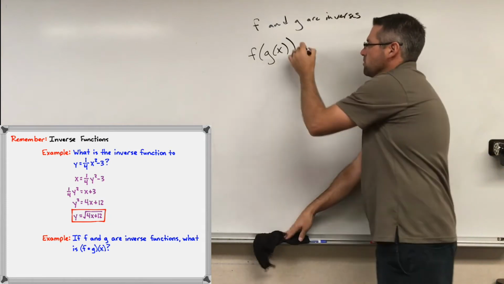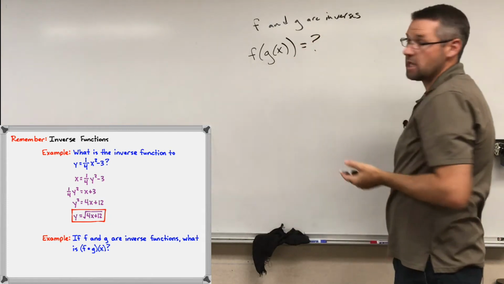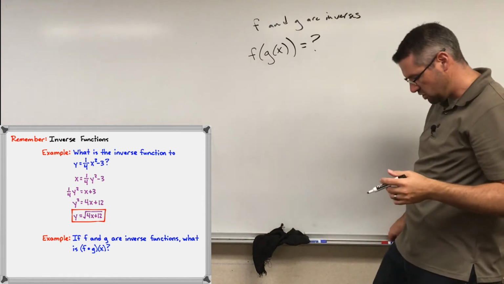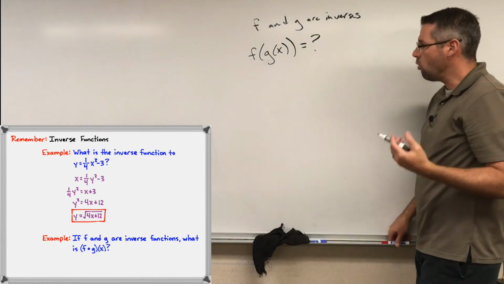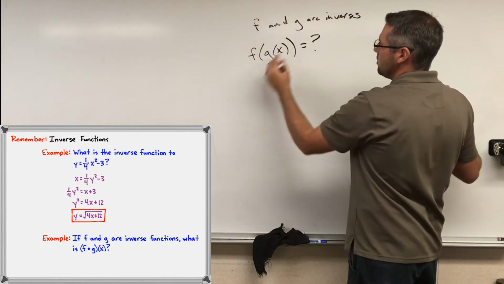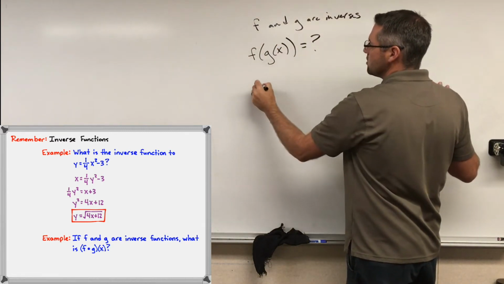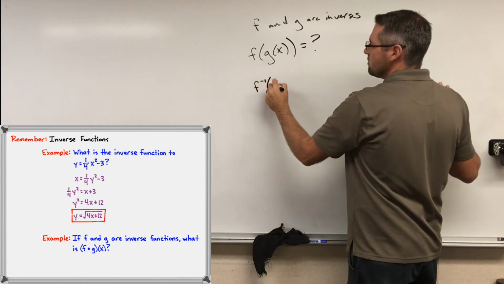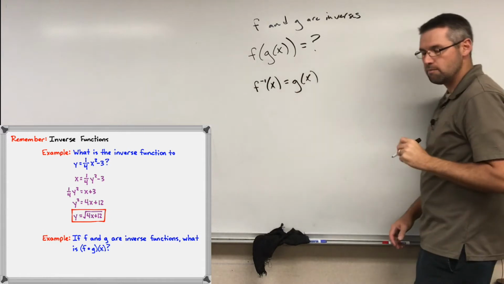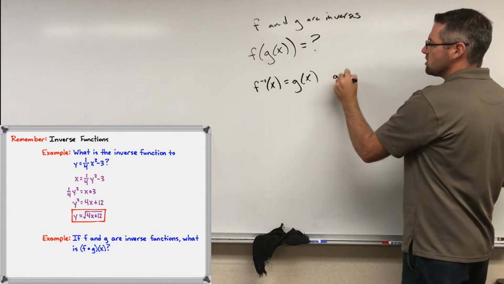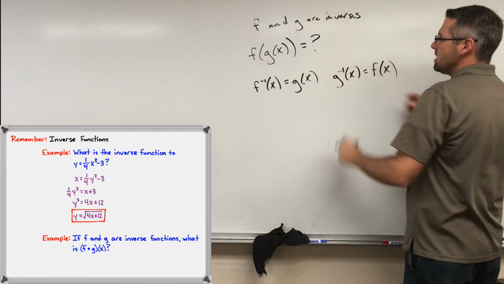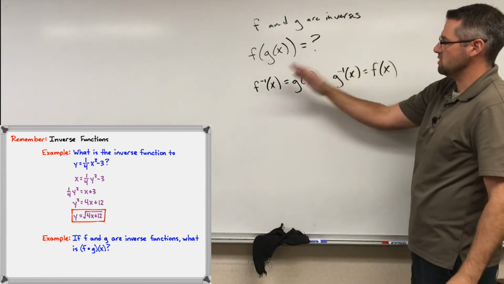Well, you should already know that the answer is x. The composition of inverse functions is x. Why is that? Because we would have to write a statement from here, and this is going to be important. F and g are inverses. In other words, the inverse of f is equal to g of x, or we could also say the inverse of g is equal to f of x. That's what this statement is saying.